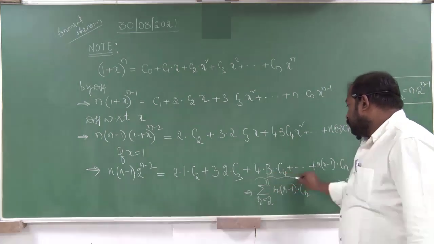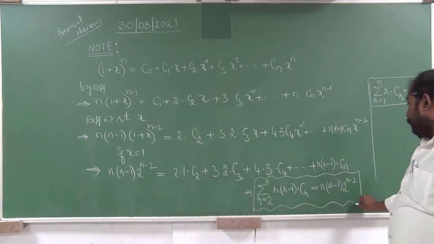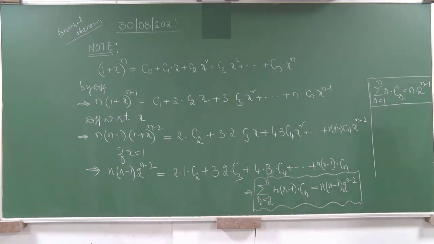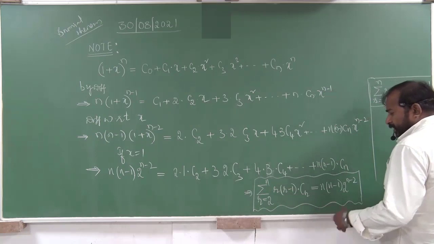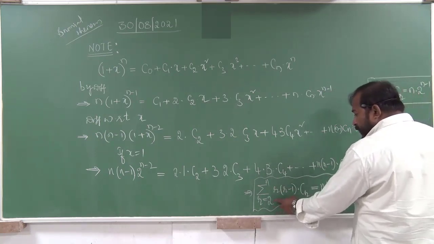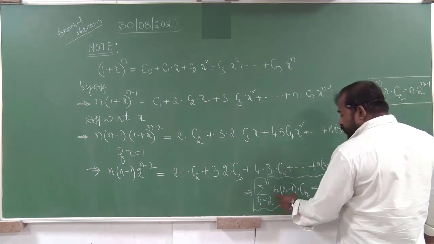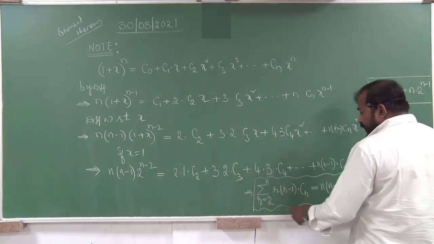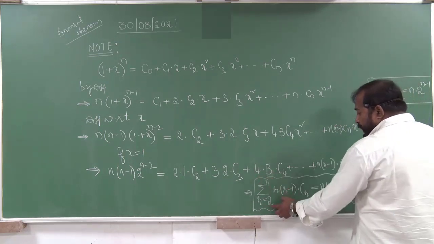So this is, from a competitive exam point of view, one more important result. Can we take r equal to 0? No, you can't. And can we take r equal to 1? For r equal to 1, this value is also 0. If you replace r with 0, you get 0, and if you take r equal to 1, this value will be 0. So we have to start with 2.